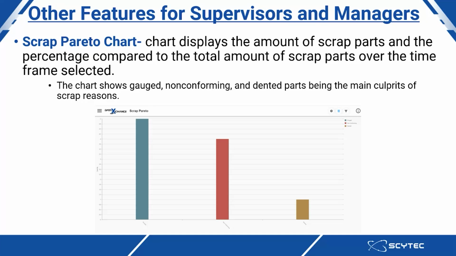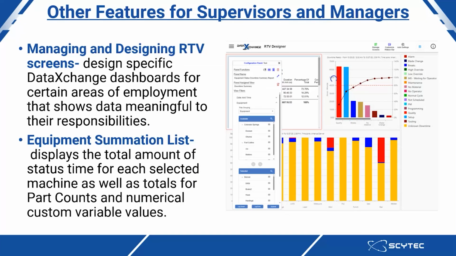And the chart below shows, going from left to right, the biggest issues that are leading to these scrap parts out on a shop floor. And what is being detailed in this is showing from left to right that the biggest issue that you guys have, in order of occurrence, going from gauge to non-conforming to dented parts, being the main culprits of the scrap part reasons.